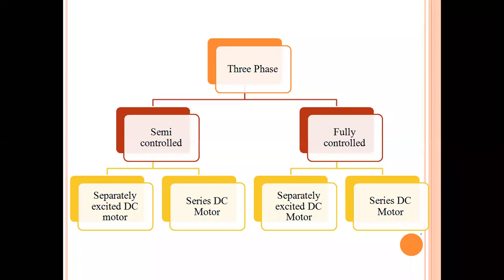After that, using that derivation, we will plot the characteristics between speed and torque. Totally 6 elements. First one is circuit diagram. Second one is construction of circuit diagram. Third one is operation of circuit diagram. Fourth one is circuit diagram operational waveforms. Fifth one is speed torque derivation, and sixth one is speed torque characteristics. So total 6 points. All these 6 points will be covered in each and every topic. We are having 8 topics, so each and every topic contains 6 points.